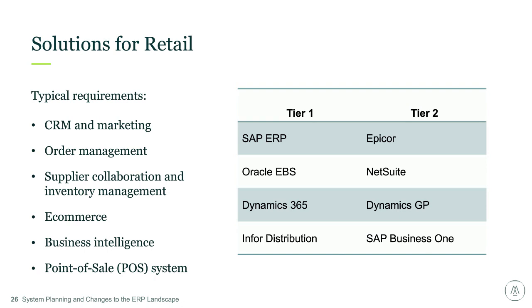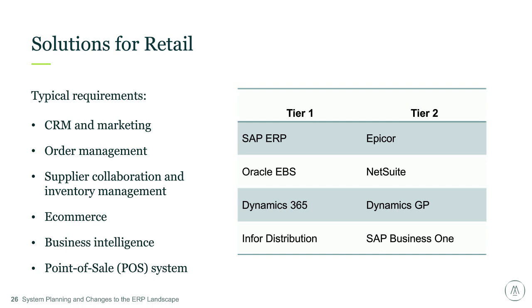Compare this with a vertical ERP system, which are those that are built specifically for certain industries. And the question is, which one are you better off with? Are you better off with a horizontal or vertical ERP system? And my take is, it depends on your unique requirements.